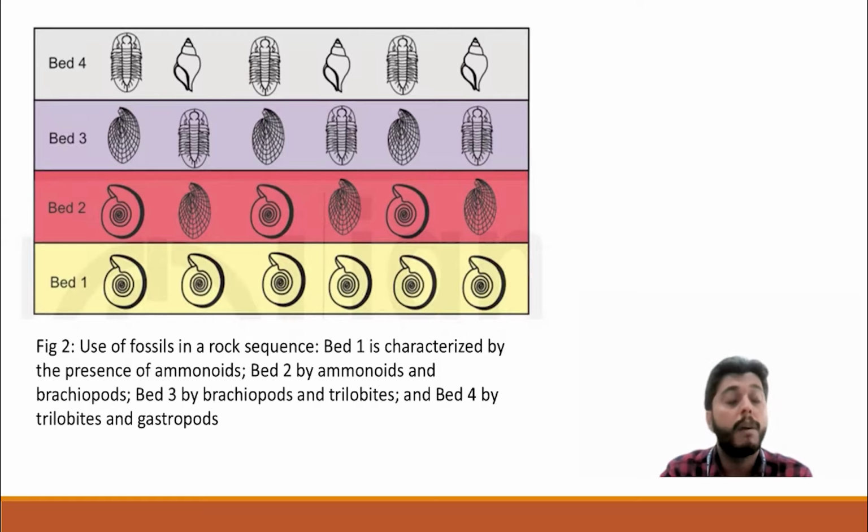When we move into bed 3, the first fossil disappears and an entirely new fossil appears. And the same story can be seen in bed 4, the disappearance of the previous fossil and appearance of a new fossil. From the distribution of the fossils, these four beds are distinguished.